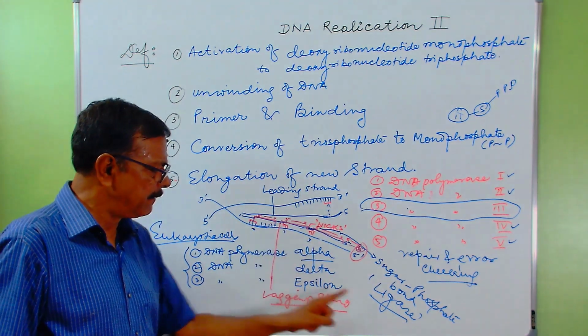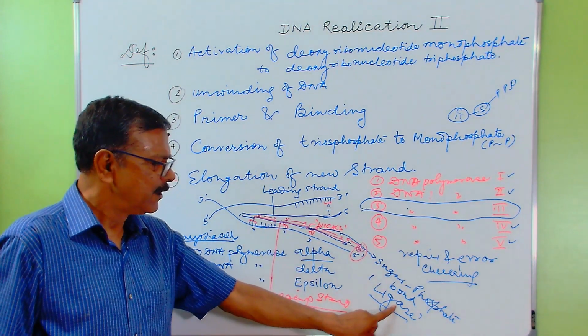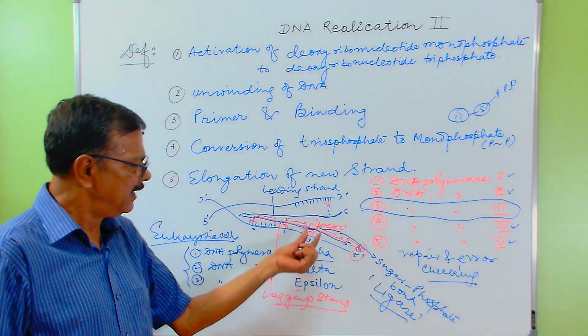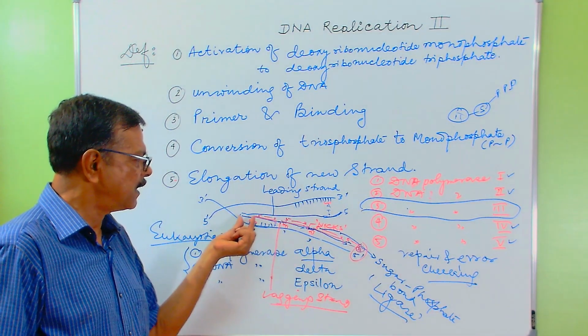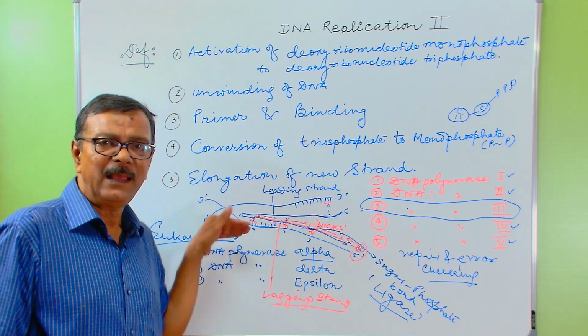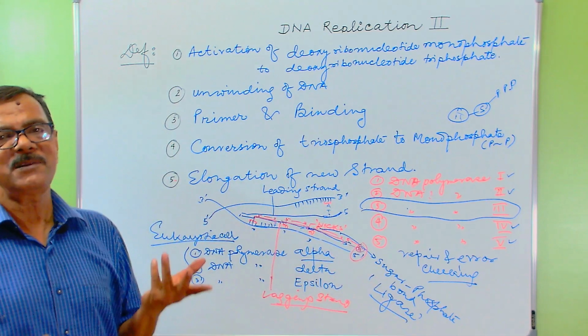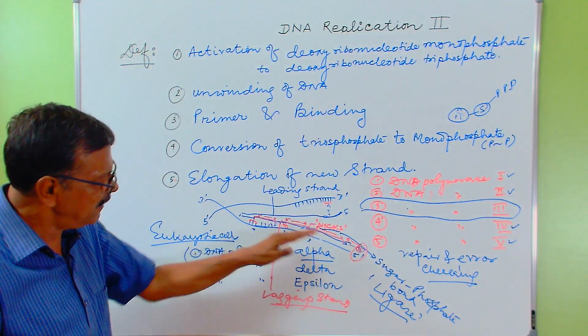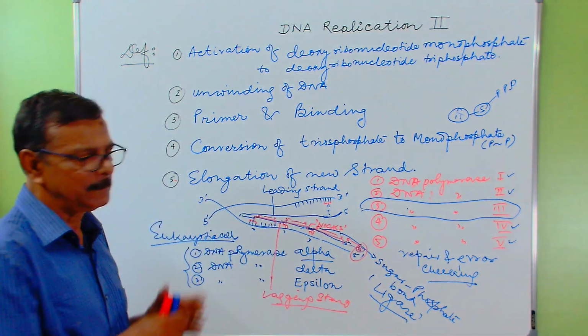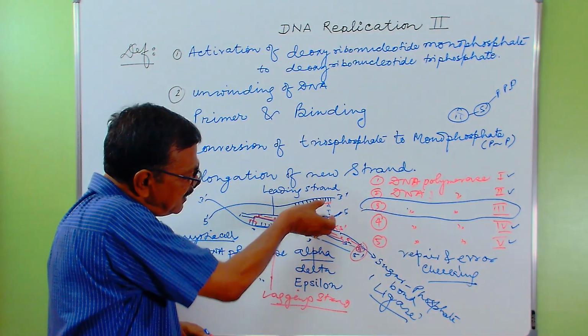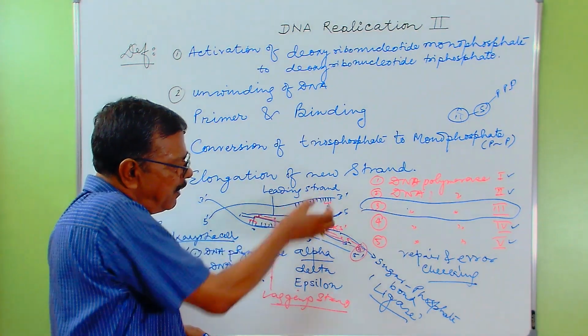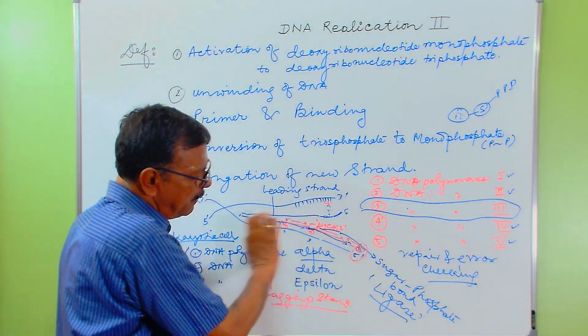The nicks are filled up by a glue-like enzyme known as ligase, and it forms the sugar phosphate backbone of the lagging strand, and ultimately the lagging strand becomes continuous. So it forms on both sides. We have seen that these 2 have been formed and again these 2 have been formed.